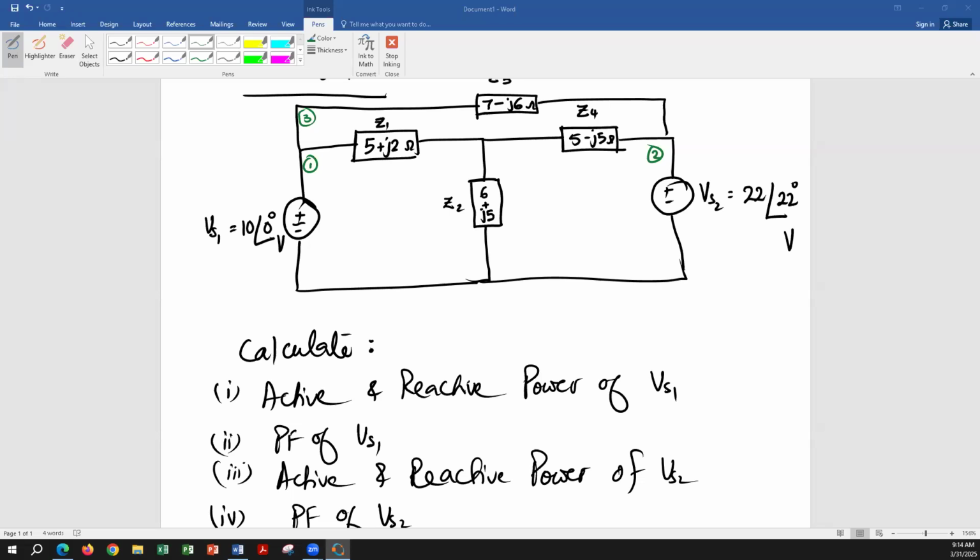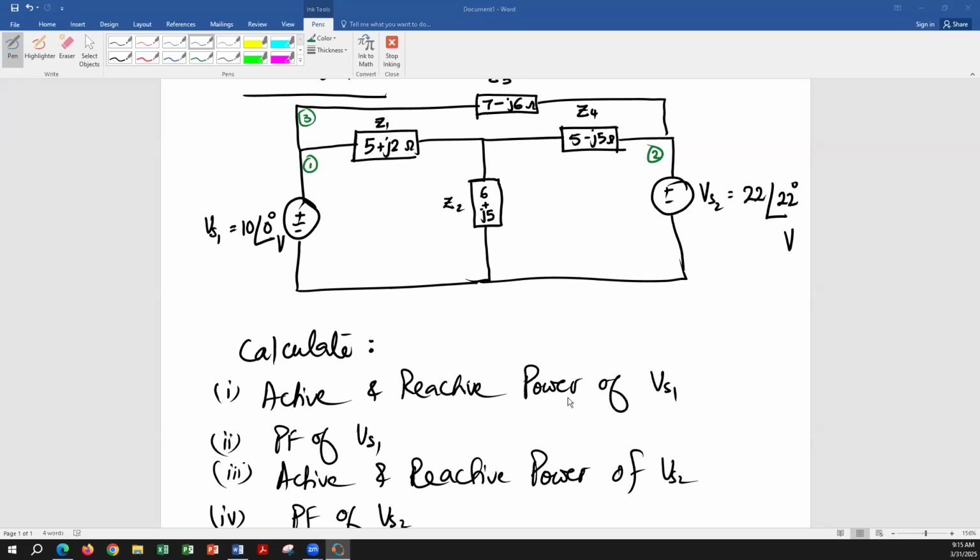Z1 is 5 plus j2, Z2 is 6 plus j5, Z3 is 7 minus j6, and Z4 is 5 minus j5.